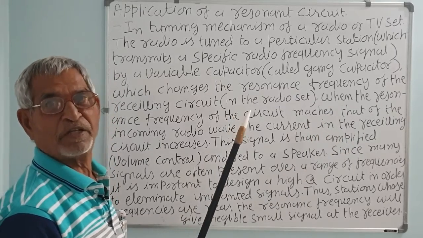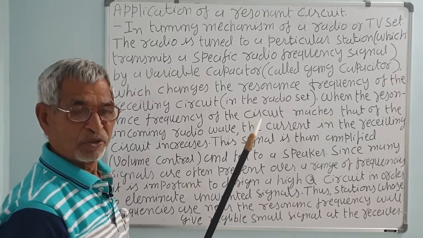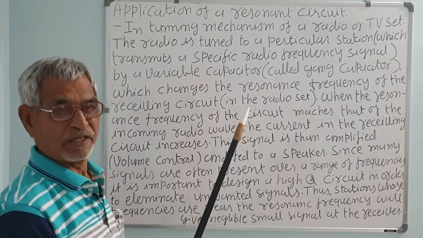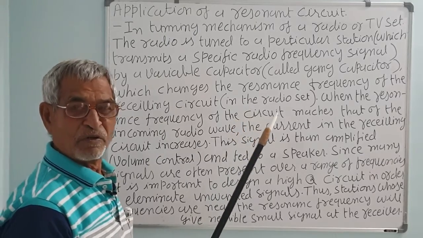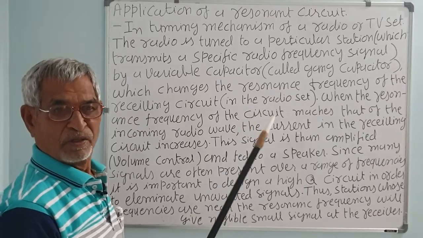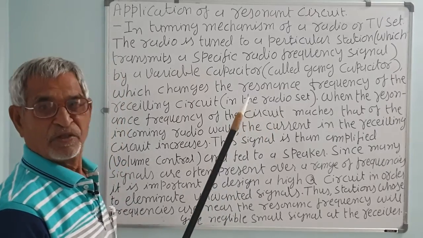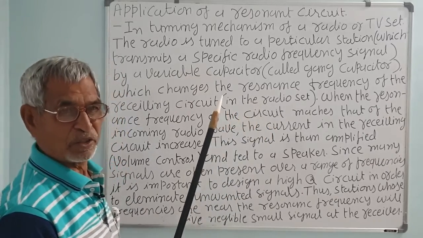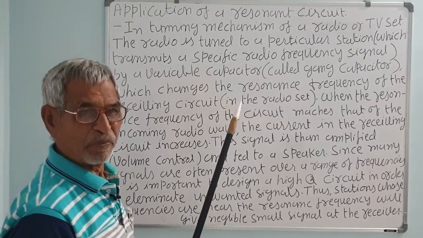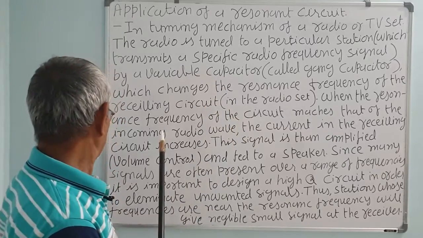We have to receive it in our radio. So in our radio there is an LC circuit. So we want a particular station, that particular frequency. So we have to tune our circuit so that it should be matched with the particular frequency.